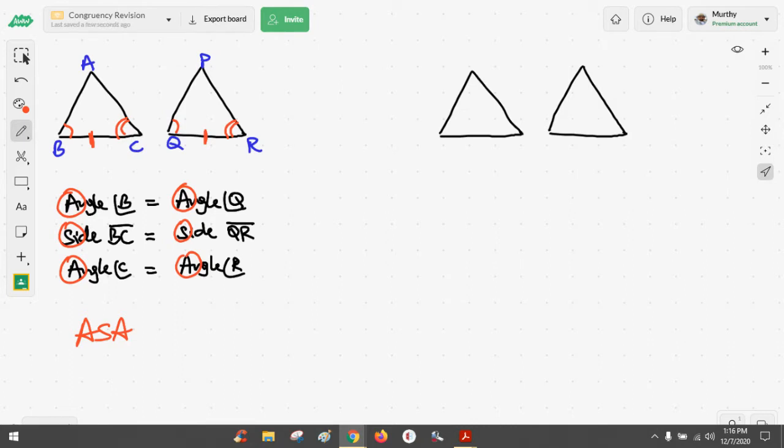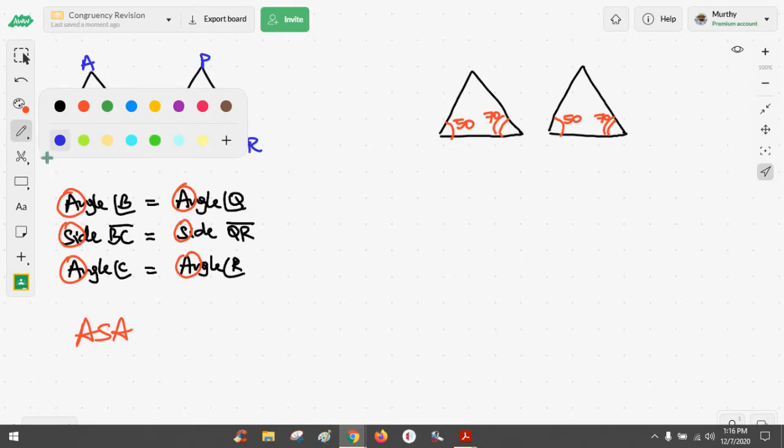But I have a question. Let's say that angle equals angle, and angle equals angle. This time I'm taking some numbers. Say that this is 50 degrees and the other angle is 70 degrees and the other angle is 70 degrees. Now let me label the triangles.